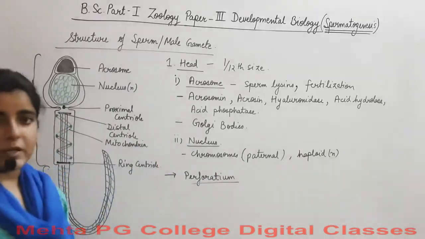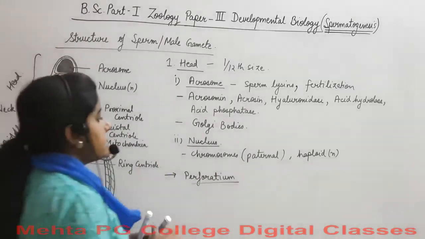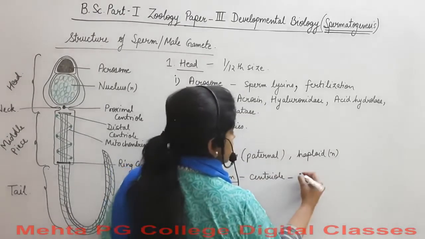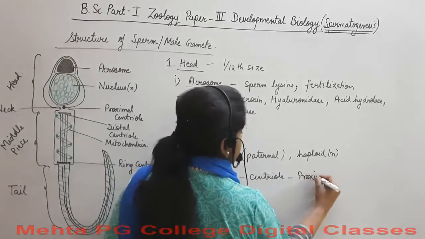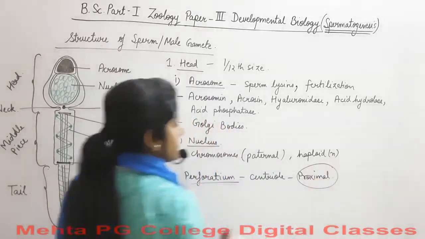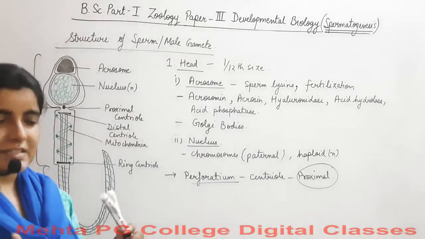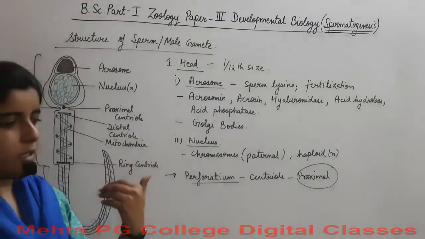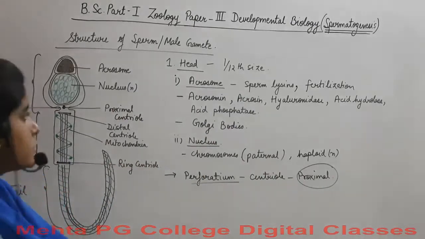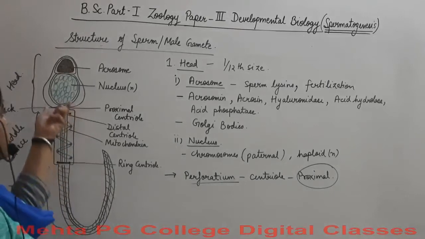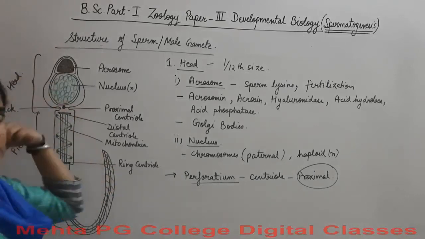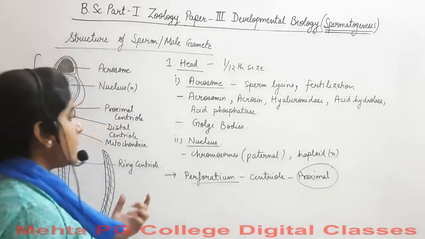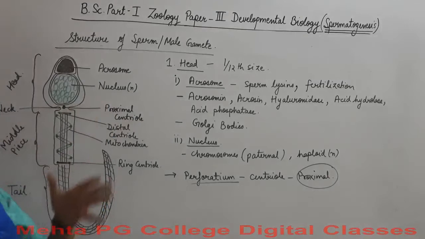In this depression, the centriole is present, and the centriole here is the proximal centriole. Proximal means the upper part or nearby part. Distal means apart, present at a distance. So the proximal centriole is present just below the nucleus.